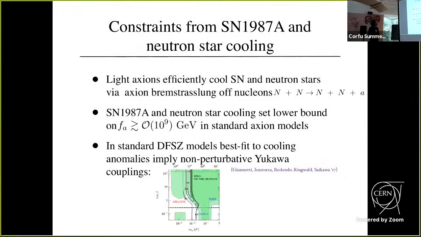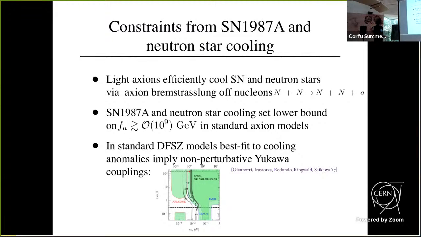So eventually, it's not hard to get an axion-electron coupling of the right size, but it's a bit more difficult to be consistent with other constraints on these models. And the main killer for many models are the bounds on the neutron-axion coupling from supernova 1987A, and also neutron star cooling.